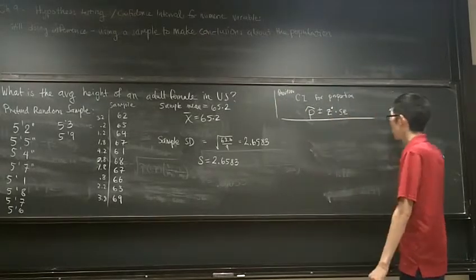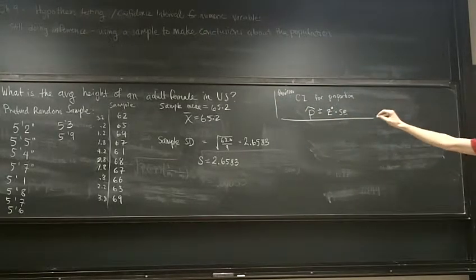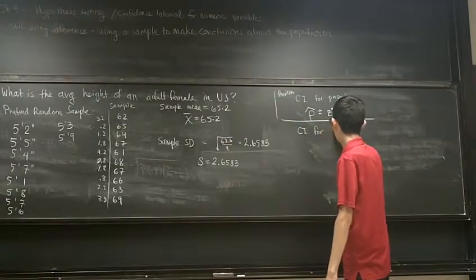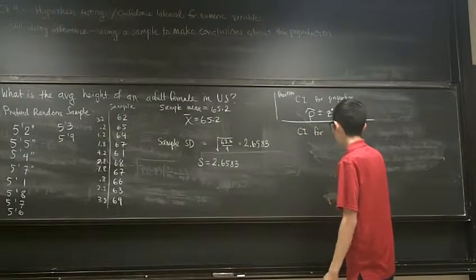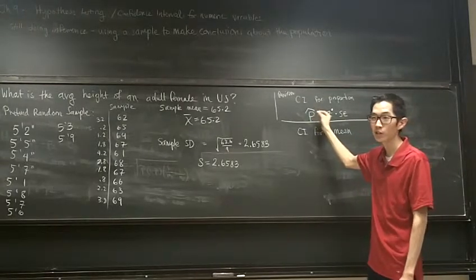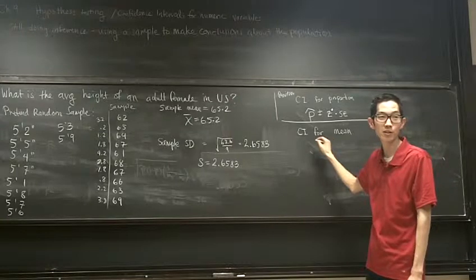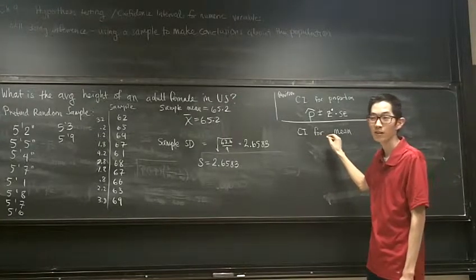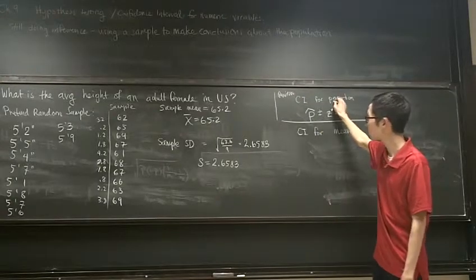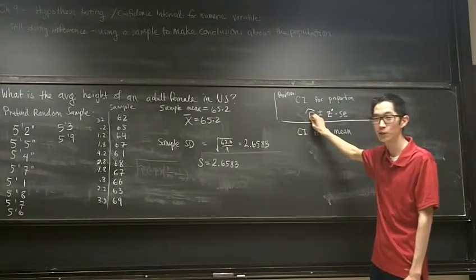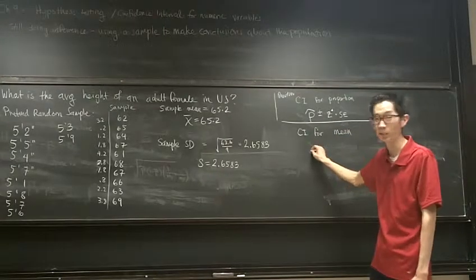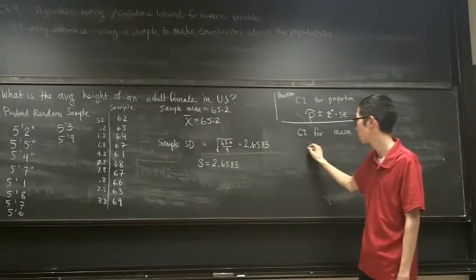For a confidence interval for a mean, it's very similar. P hat is the sample proportion. For a mean, what do you think I'm going to use? The sample mean. Confidence interval for proportion, I'm using the sample proportion in the middle. Confidence interval for mean, I'm going to use the sample mean in the middle. So what's the sample mean?